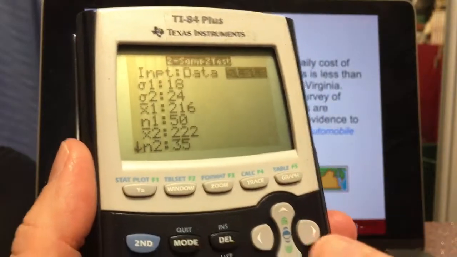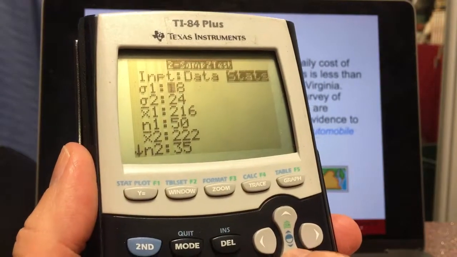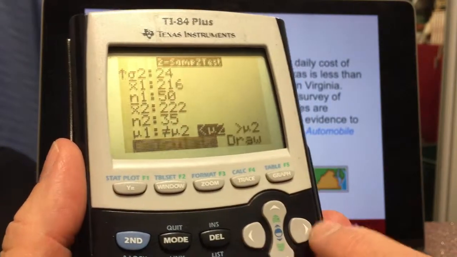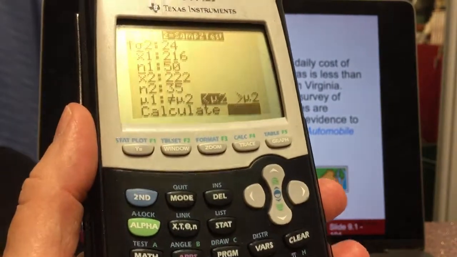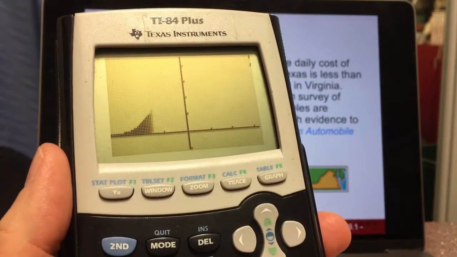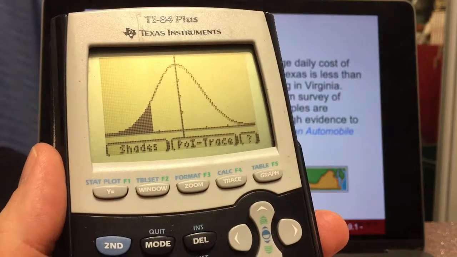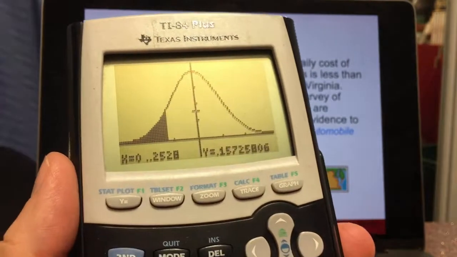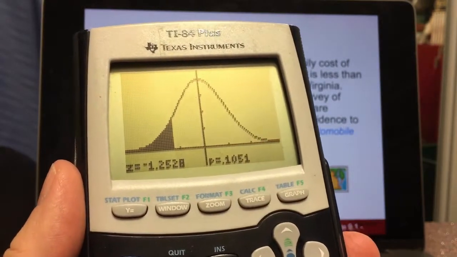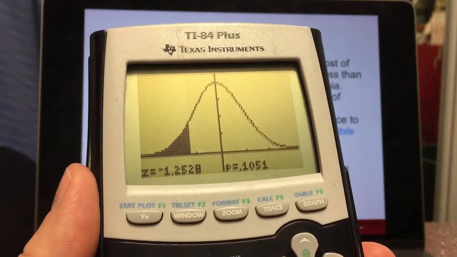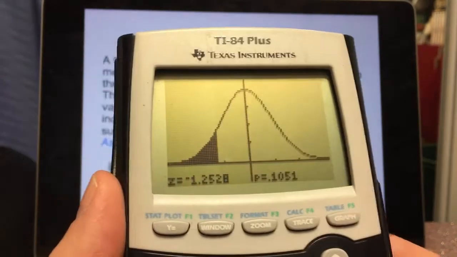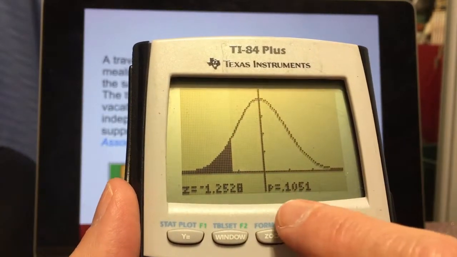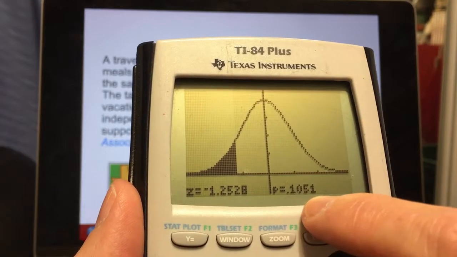Now I'm going to show you something different. Instead of calculate, we're going to draw. I enter, and it gives me my values. I do an enter there, I don't know why I have to do that, and I get the values that are there. So negative 1.25 is my critical z, and my p-value is 0.1051.